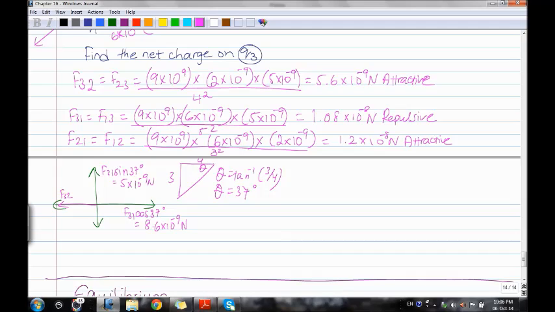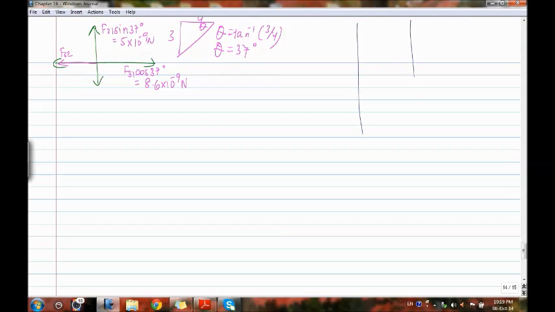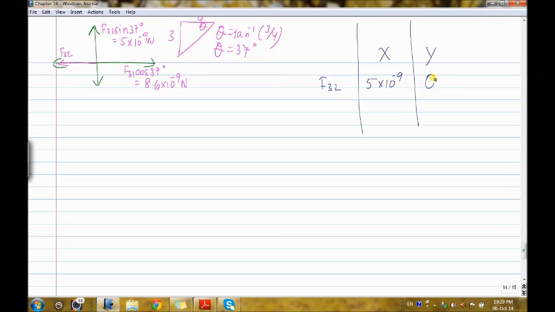Okay, so now let's find the x and y components.